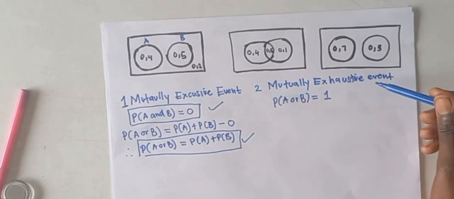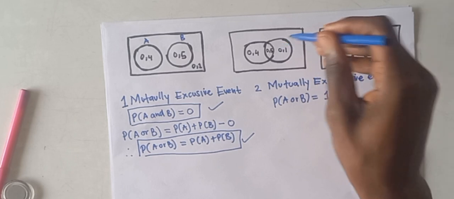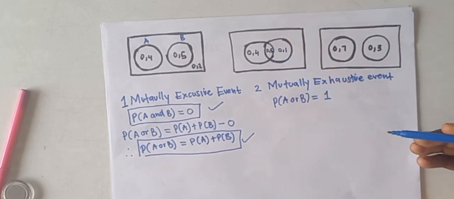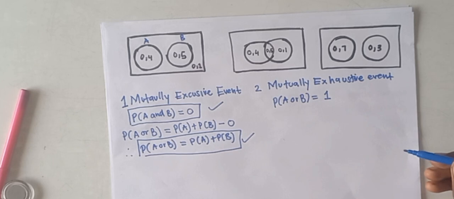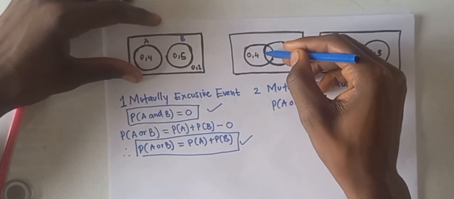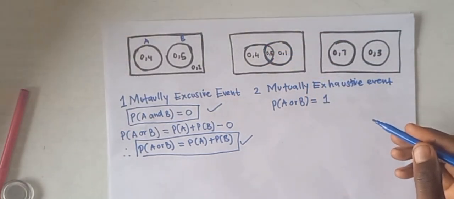What I mean is that the total sample space must be grouped together. It must be contained in circle A and circle B. It must contain all the elements of the sample space. There must be nothing found outside those circles. So when we count what is in circle A and what is in circle B, it must give us 1.